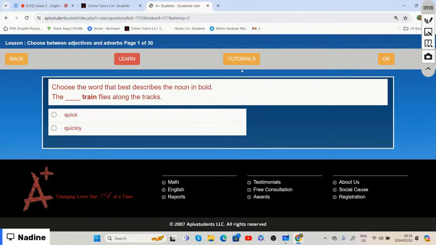So we need to now choose the best word to describe the noun in bold, which means that we are going to choose an adjective, right? It says the train flies along the tracks. Is it the quick train or the quickly train flies along the track?